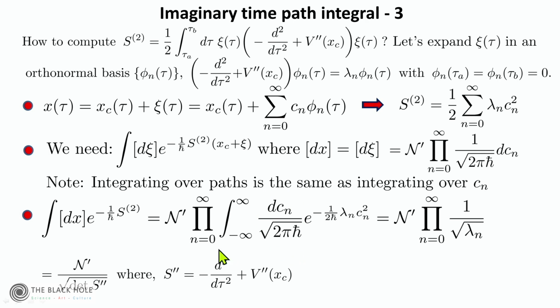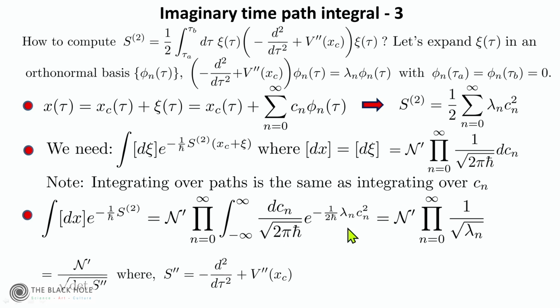How many Cn's are there? An infinite number of them, because this operator has an infinite number of eigenvalues. Okay, so then what I have is a product of 1 over the square root of the eigenvalue. And it's an infinite product. It goes from 0, 1, 2, 3, all the way up till infinity.